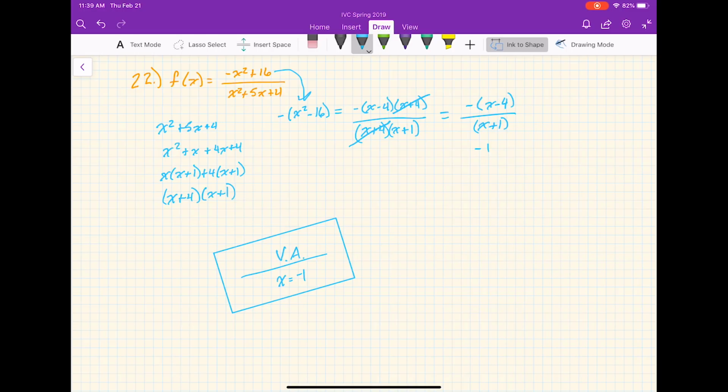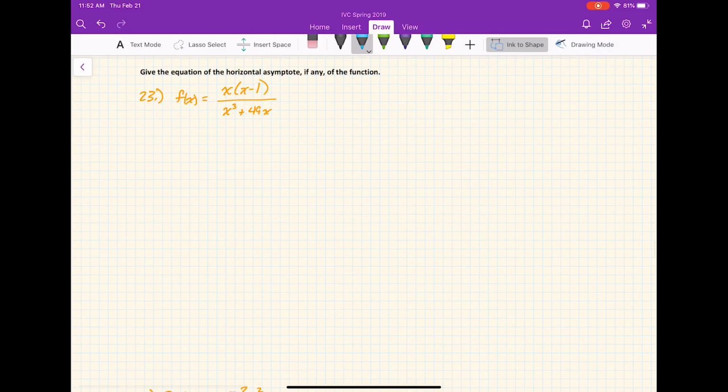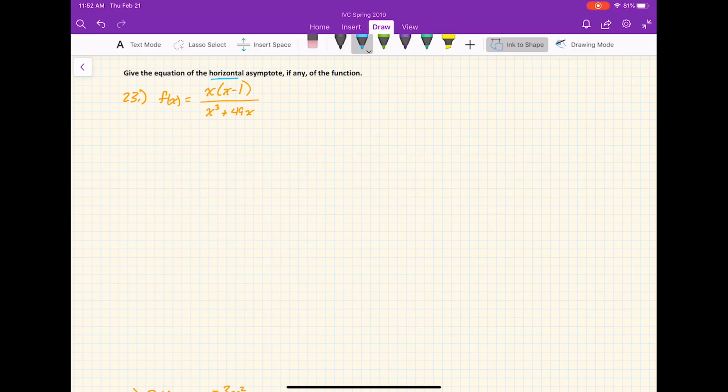All right, so we'll move on to number 23. This says give the equation of the horizontal asymptotes. I think it should say given the equation, but we need to find horizontal asymptotes, if any. So we have to remember if n is less than m, then y is going to be 0.